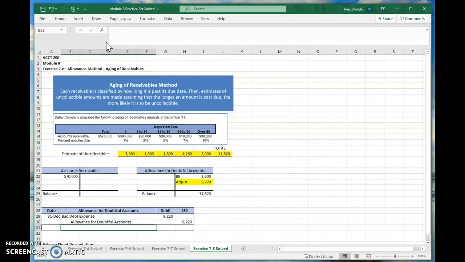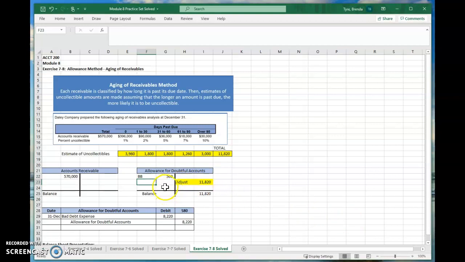Okay, that's the end of our exercises, but I do really want to talk through these allowance accounts. Remember, what would have happened if our beginning balance over here was 500? Now what do I do? Now what's my adjustment?